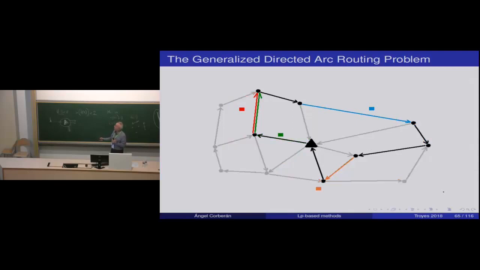So the problem is to find a tour that traverses at least once one of the arcs that service customer green, blue, or so. That's the idea. So selecting some of these, a feasible solution would be to select an arc of each color and then to design a route traversing these arcs.